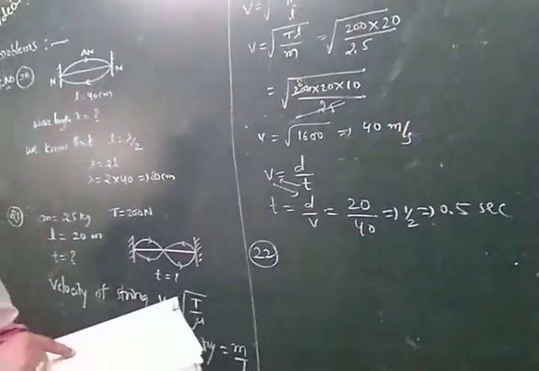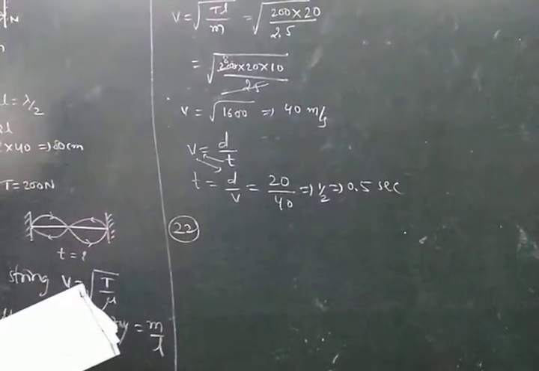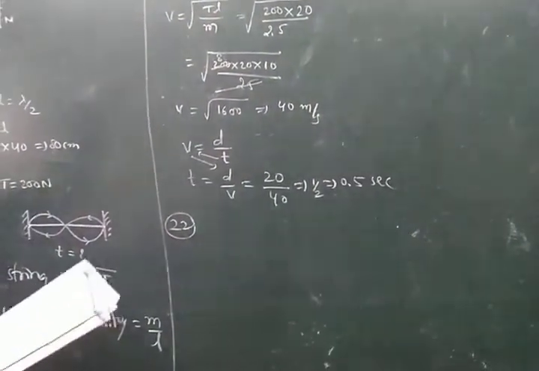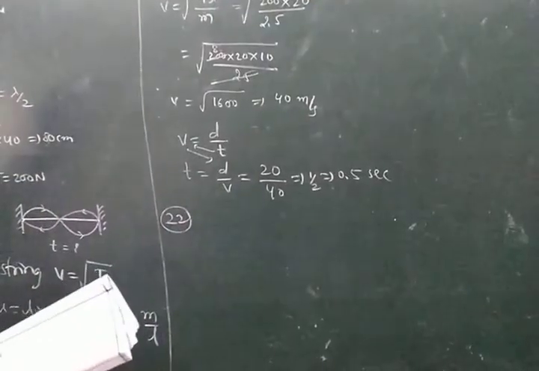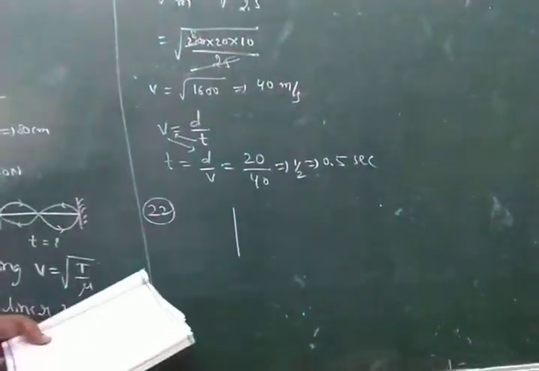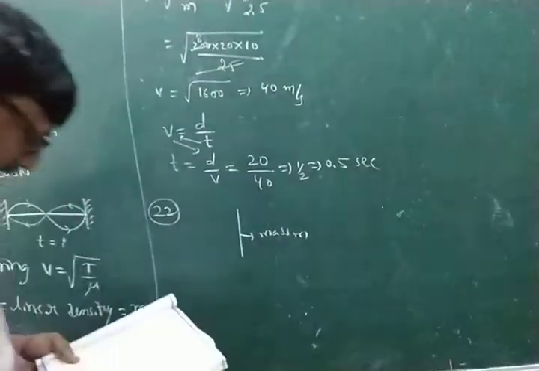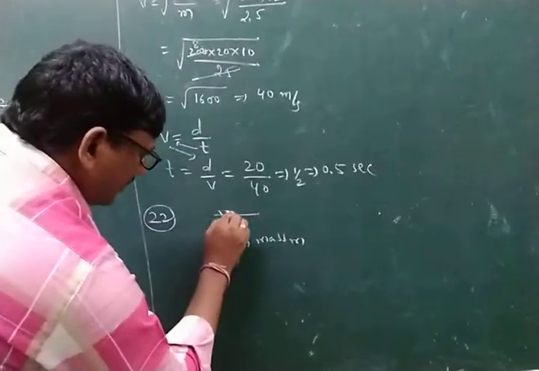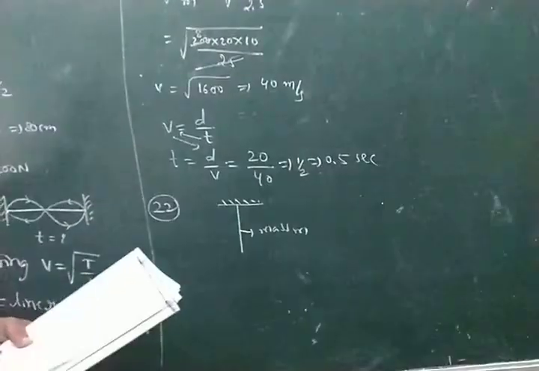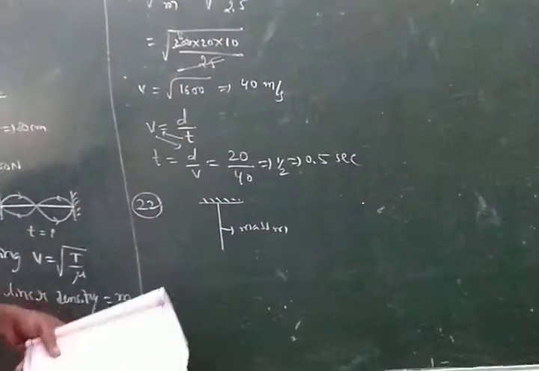A uniform rope having mass m is hanging vertically from a rigid support. See here, the uniform rope has mass m, hanging from a rigid support. A transverse wave pulse is produced at the lower end.